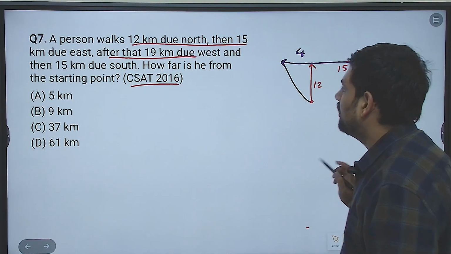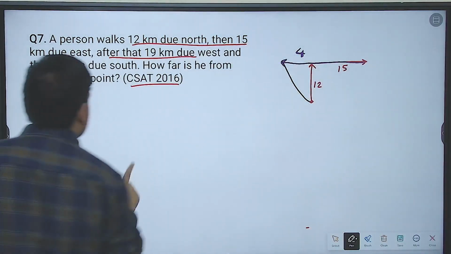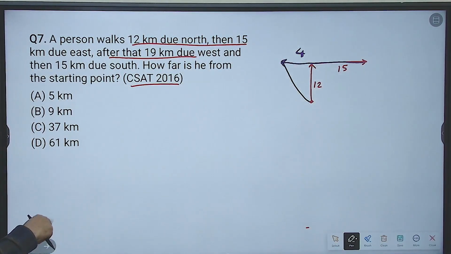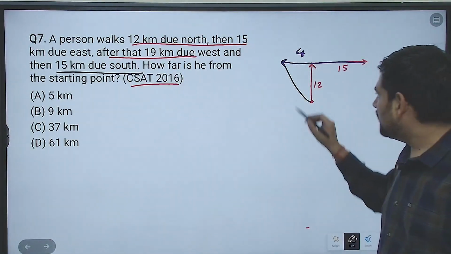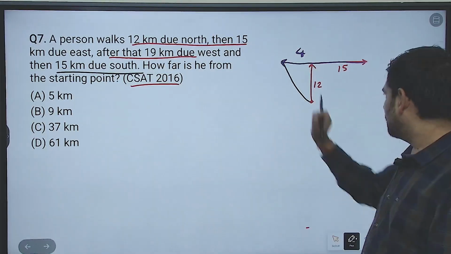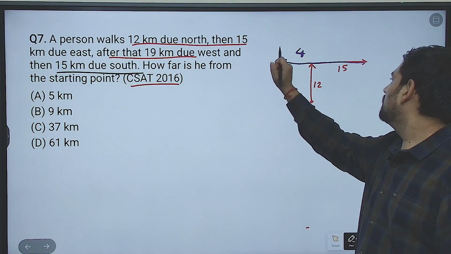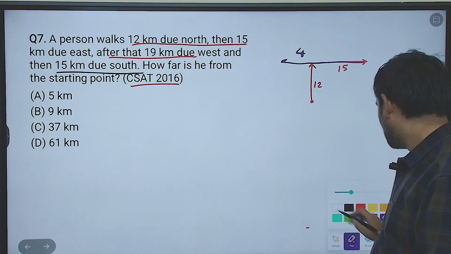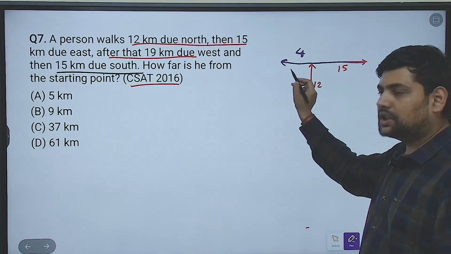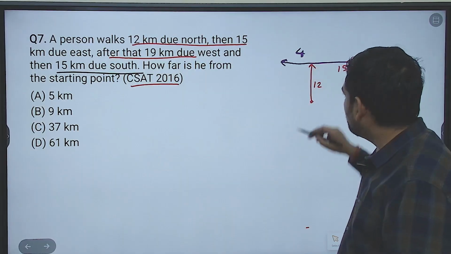Wait, now something more is there. After 19 kilometers due west, then 15 kilometers due south. So it does not end here. From here he goes 15 kilometers due south.